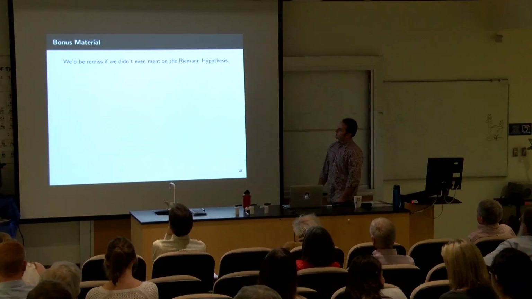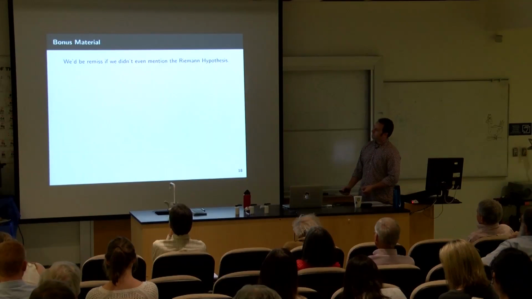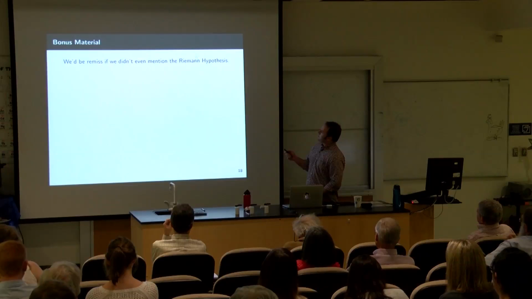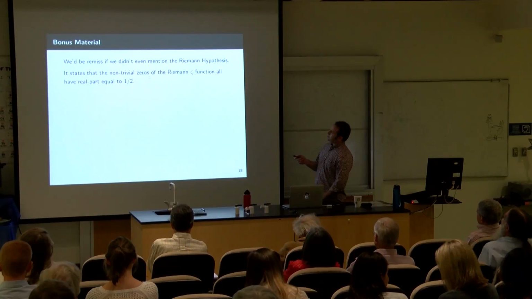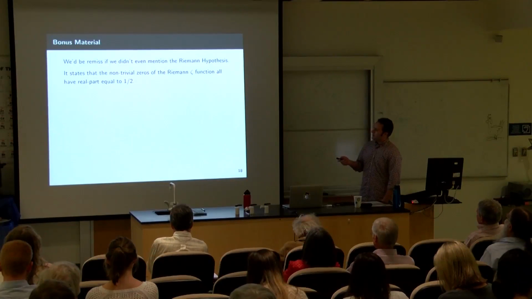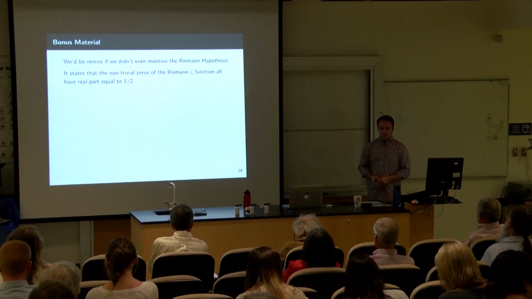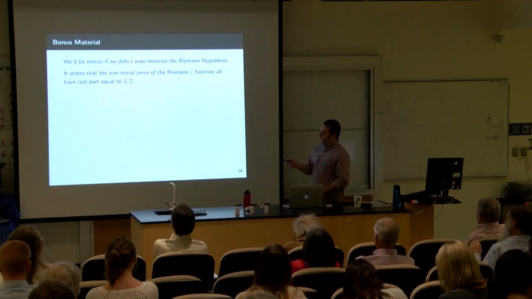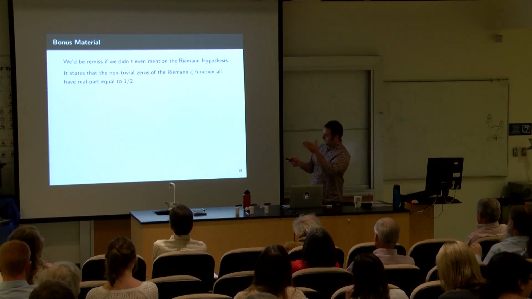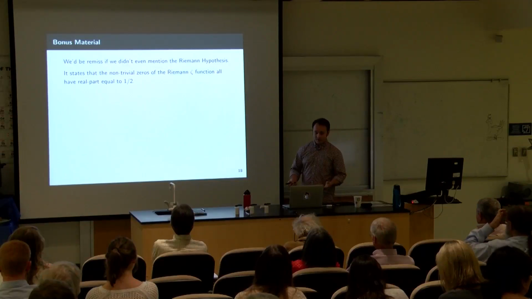Okay, that's enough for Riemann, but let me just say one little thing, just because I think it's cool. We have to mention the Riemann hypothesis just briefly, just one slide. It states that the non-trivial zeros of the zeta function all have real part equal to a half. There are some trivial zeros that are very easy to describe, but all the non-trivial ones are on this line of real part a half. And that's what the Riemann hypothesis states.